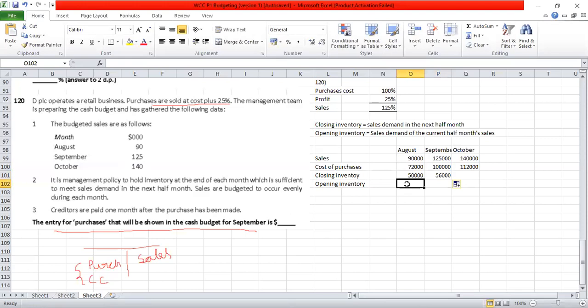Coming to the opening inventory, the opening inventory will be the current month's half sales. And here it will be this one.